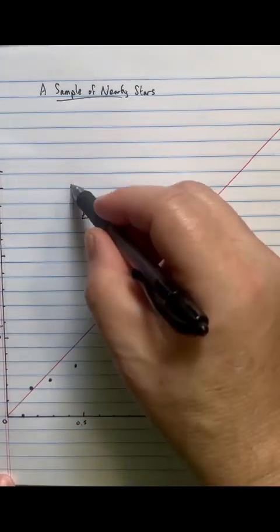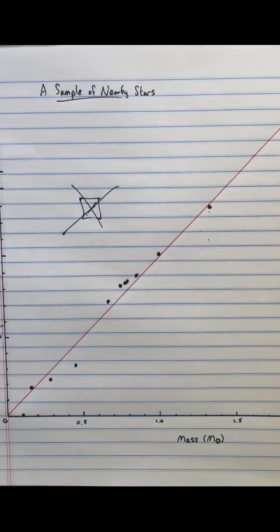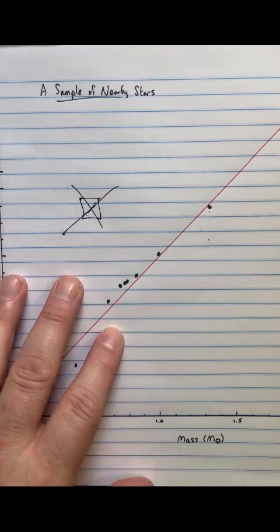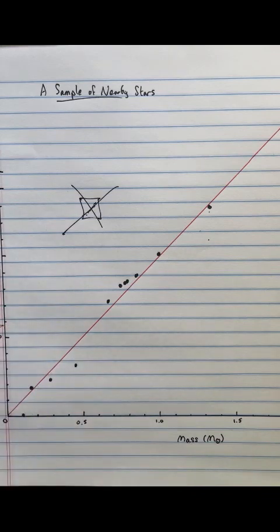We want graphs that are huge. We want to be able to see everything that's happening. So, unless you're told differently, you should always, when you're plotting something, use an entire sheet. Use as much space as you can get away with, because the reason for doing the graph is that it's a visual.